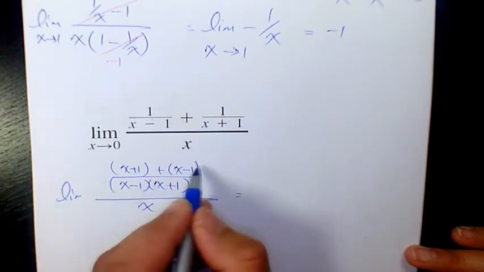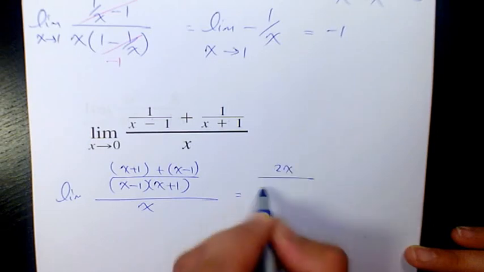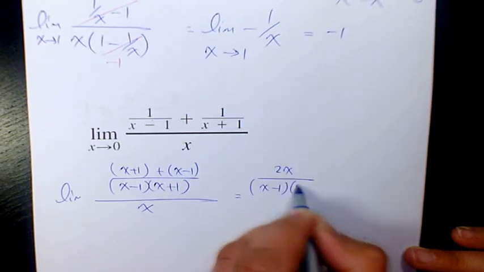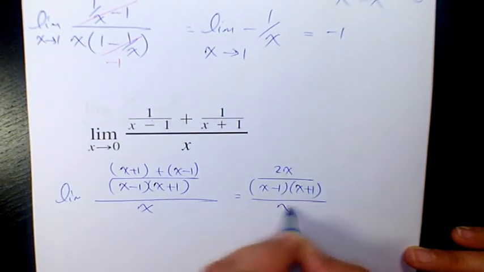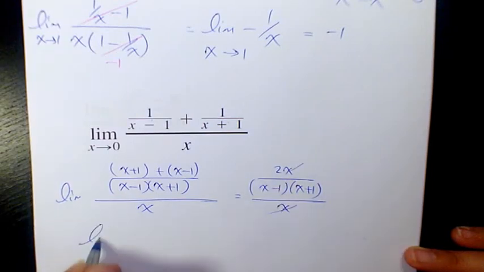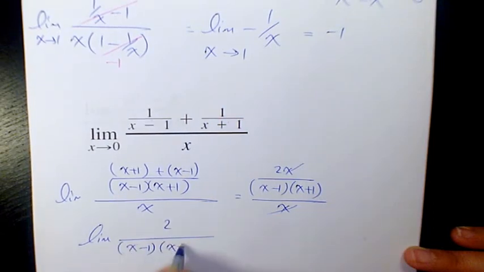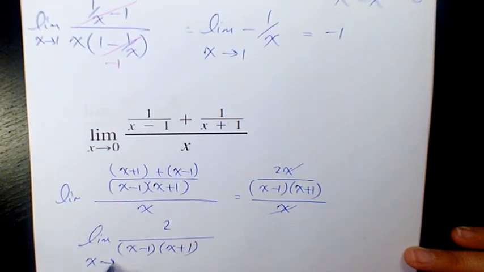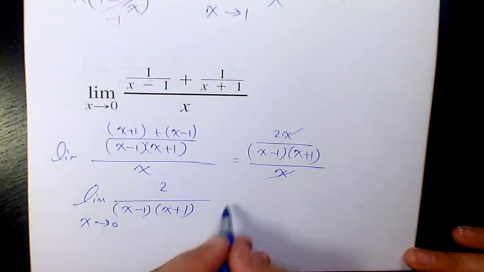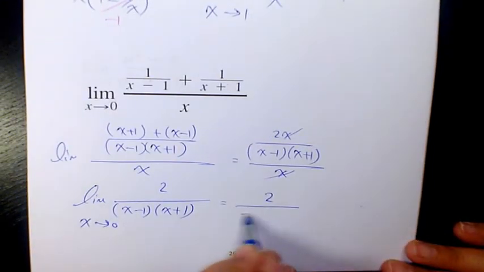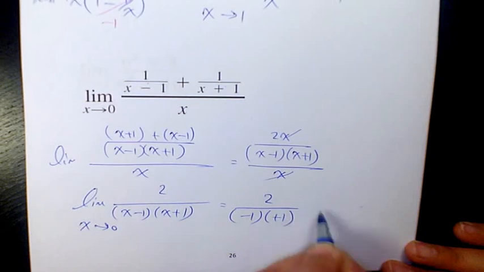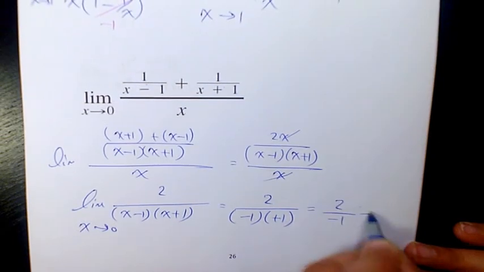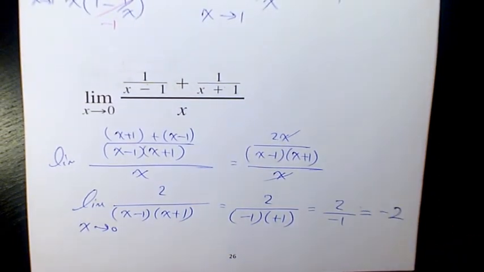Then you simplify it, it's going to be 2x over x minus 1 times x plus 1 divided by x. When you cancel that, it's going to be limit of 2 over x minus 1 times x plus 1 when x approaches 0. So it's going to be 2 over negative 1 times plus 1. It's going to be 2 over negative 1. It's negative 2.